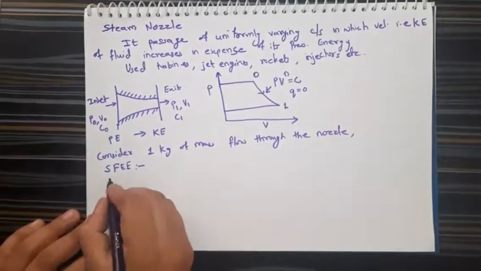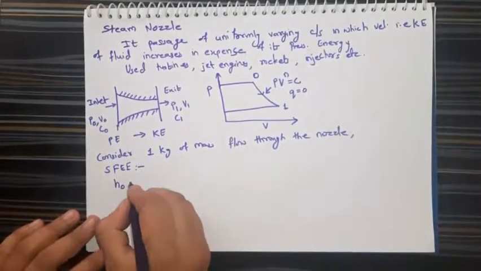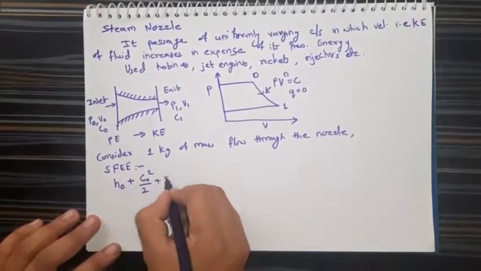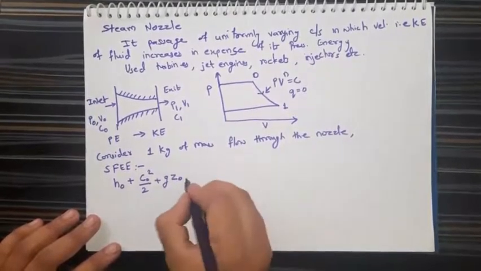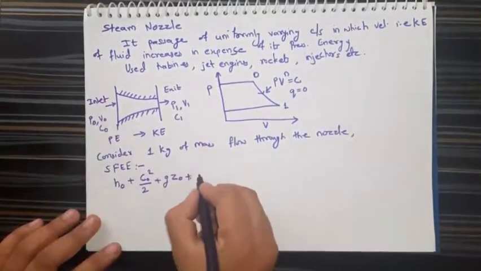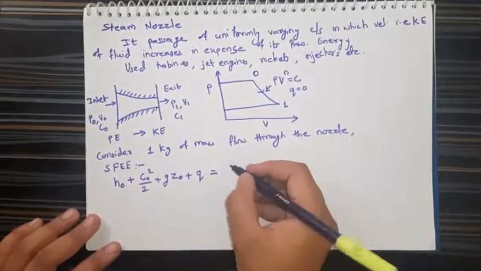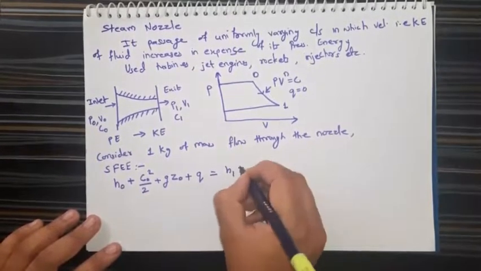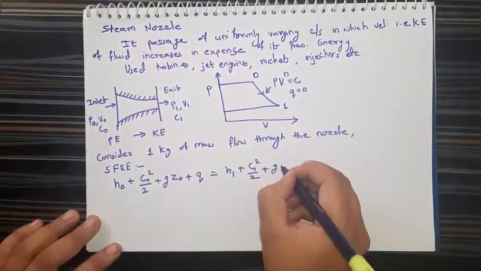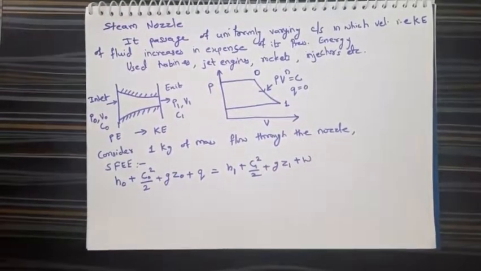So enthalpy at the inlet plus kinetic energy at inlet plus the level difference at inlet, plus whatever the heat energy, should be equal to the exit total energy, that will be equal to enthalpy plus kinetic energy plus level difference plus whatever the work transfer has been done.